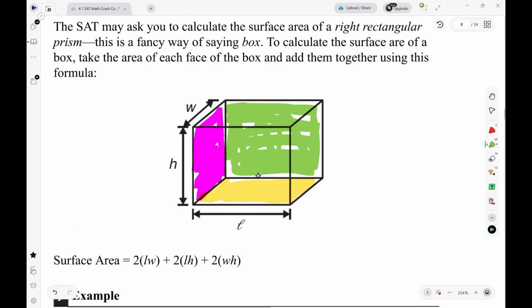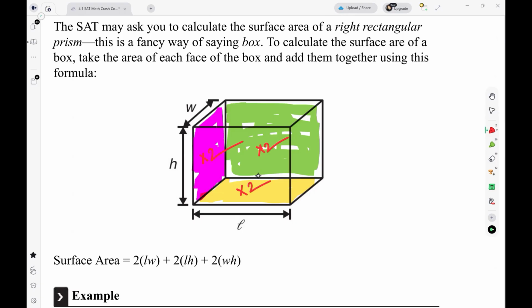So in order to calculate the total surface area, we have two different green areas, two different pink areas, and two different yellow areas, right?